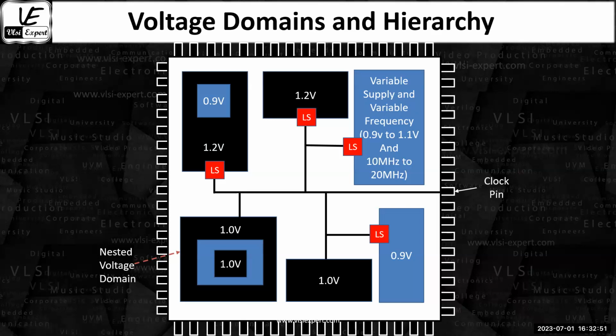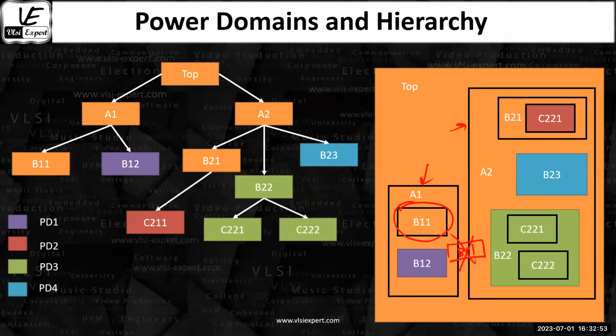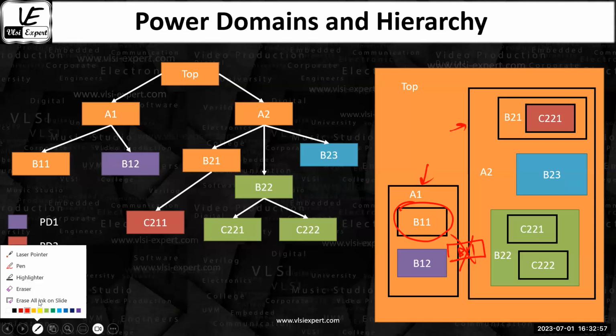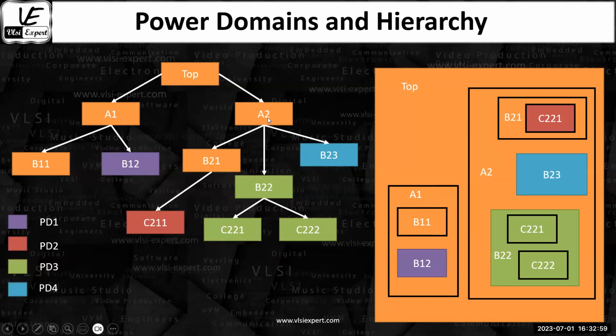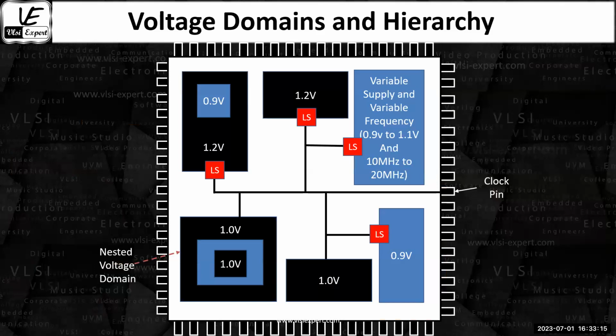In the one before, there are 3 levels: at the top, A2 is the first level, B21 inside it is the second level, and within B21 there is C211, the third level. So it depends on how you want to design your circuit: 1-level, 2-level, or 3-level hierarchy. It all depends on you.